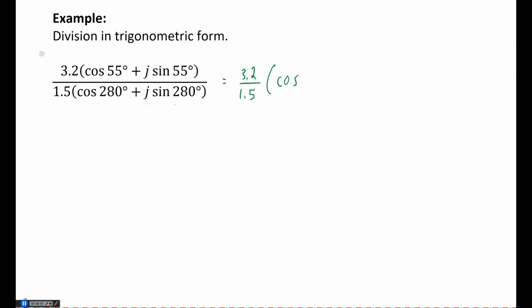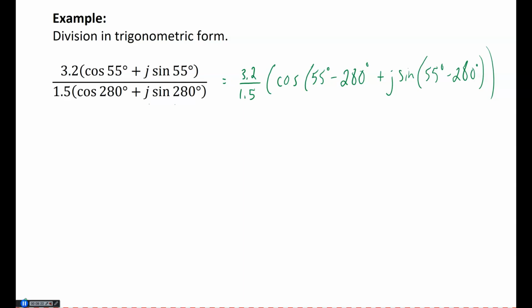And the angle we do for division becomes 55 degrees minus 280 degrees plus j sine 55 degrees minus 280 degrees.